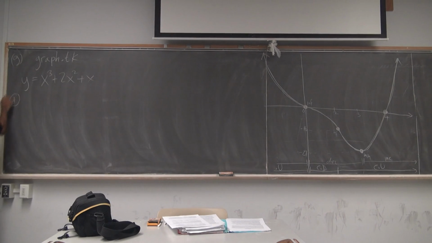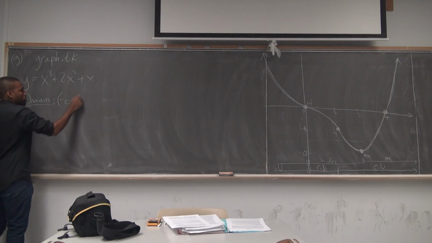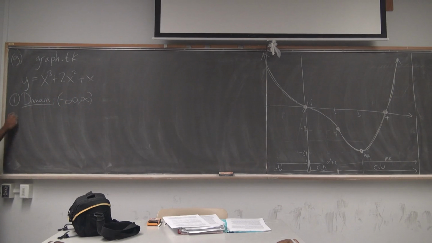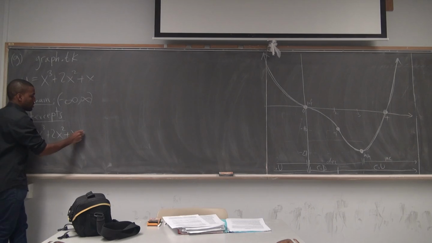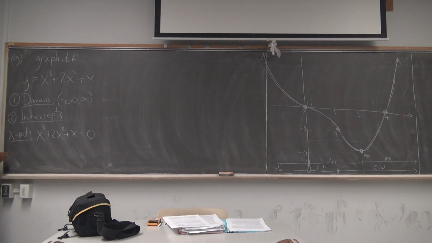Okay, step one, domain. Everything works, it's a polynomial. Step two, intercepts. X-intercept. How do I find x-intercept? Set y equal to 0. How do I solve that?